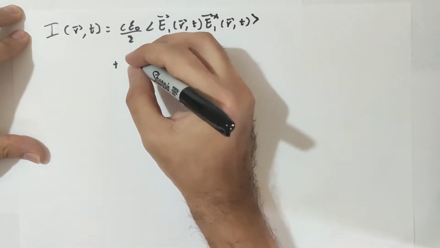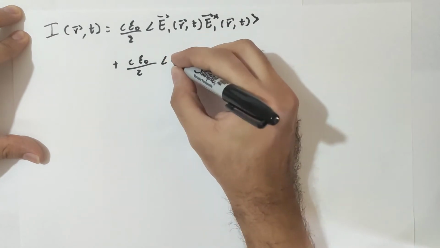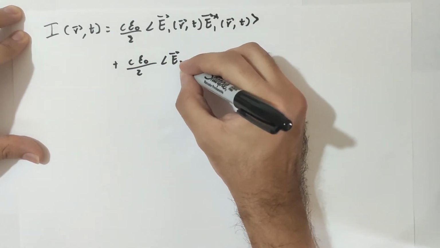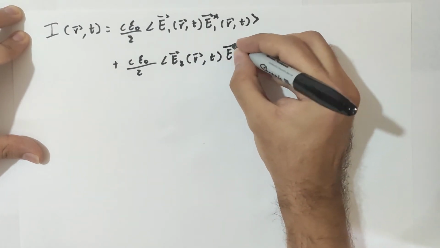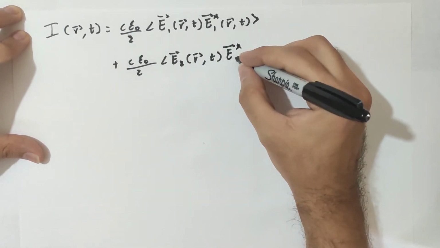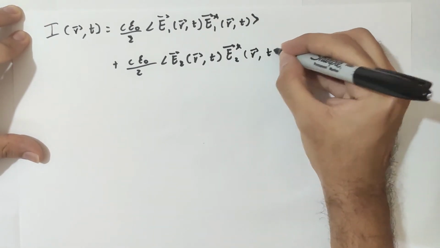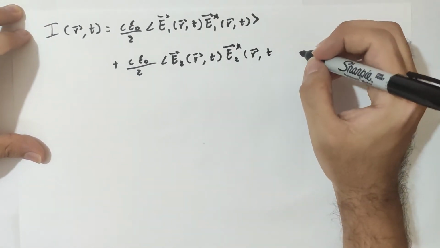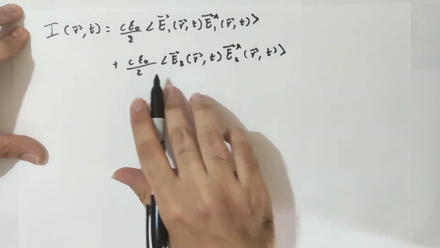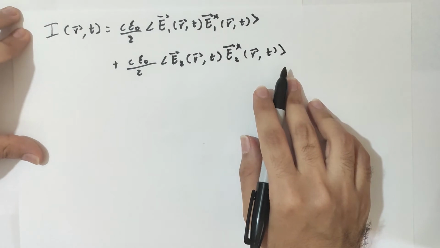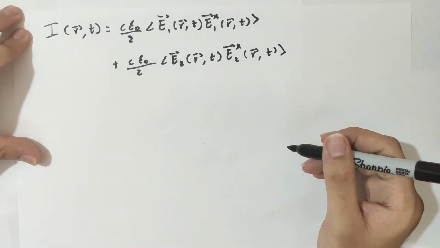What is more, we will have another similar term but with the second electric field at that point. So this second term is the intensity of the second electromagnetic field at that point. Remember that the brackets mean the temporal average at that point of space.